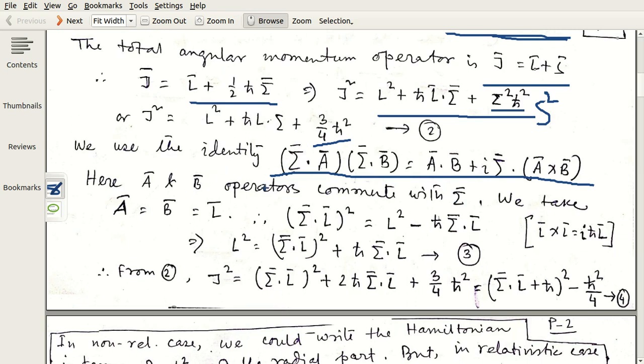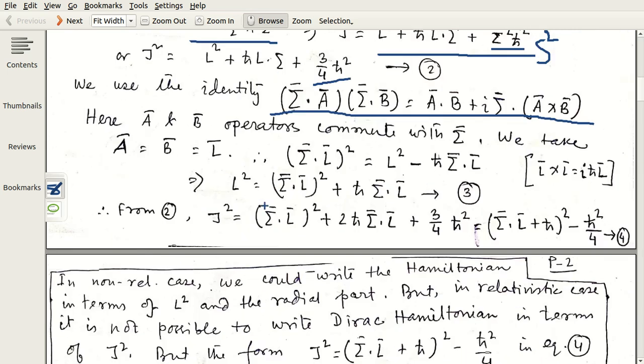Now if we take both A equal to L and B equal to L, both these vectors taken as L, then we find on the left side sigma dot L whole square, and it is just L square minus A dot B, L dot L means L square, and i sigma dot A cross B. Now L cross L, L is an angular momentum operator which is a vector operator, you know.